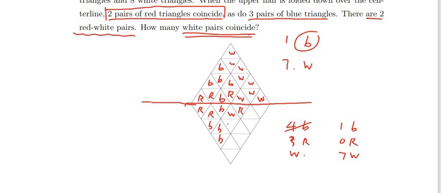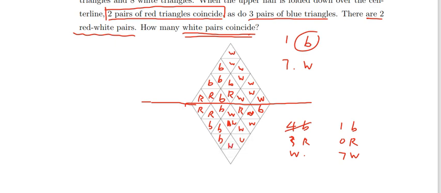Maybe we can put a B here. We cannot put a B here, because if we put a B here, we have 4 pairs of B. So this one should be W. So then all should be W.